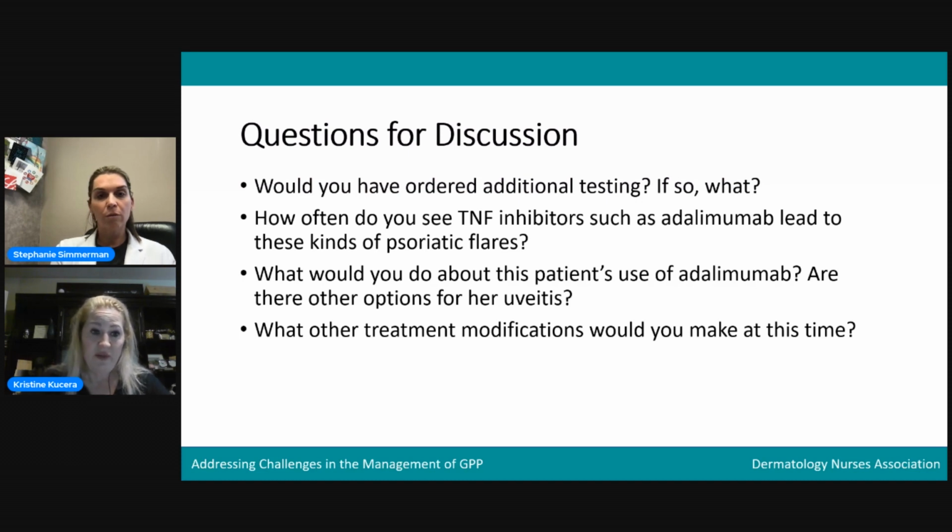So, first of all, this poor patient, my goodness, she was needing our help for sure. And then, as far as any kind of additional testing, I agree with you. Biopsy probably wouldn't have helped us in any way, wouldn't have changed what we were going to do. I am glad she did not have any systemic symptoms, but I would want a fresh set of labs.